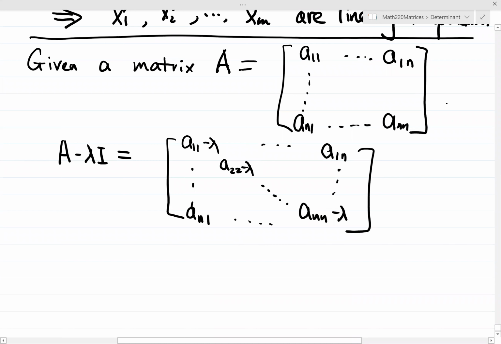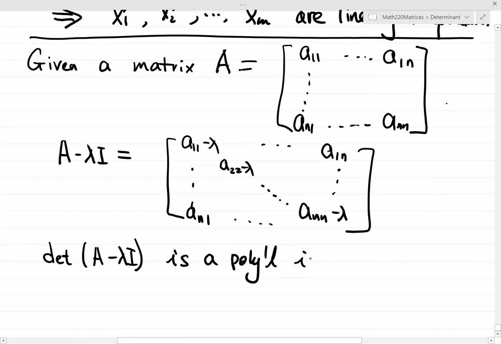Now if we take the determinant, the determinant of A minus lambda I is a polynomial in lambda. We already saw several examples.